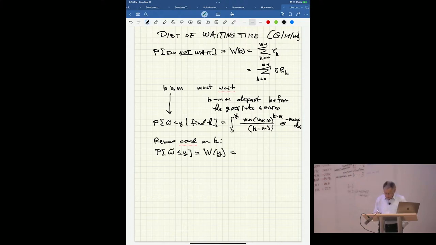And that's equal to the following: W0, the probability you don't have to wait, plus all of this that you have to wait, times the probability of k, which is the R_k that we know in this region. So I'm going to put the J in here. And that J comes from basically the J sigma to the R_k, sigma to the k. And I get the sum of all possible values of k when I have to wait, namely k equals m on up.